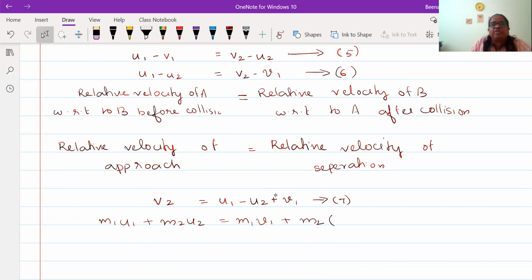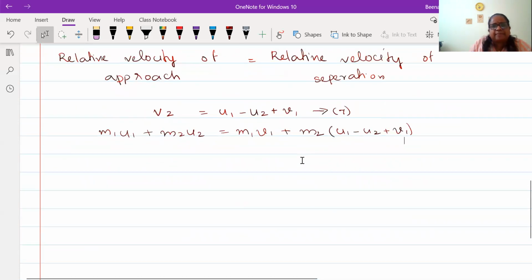Now in place of V2, I will substitute U1 minus U2 plus V1. Now we'll have to solve it for V1. It looks slightly lengthy, but it's easy.